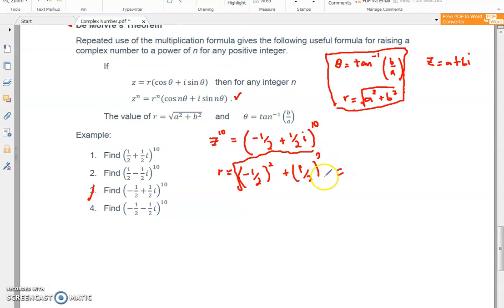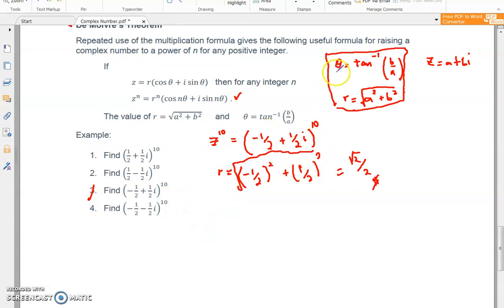If you plug all the values into your calculator, you are going to get the same thing as what we did in number 1. The value is square root 2 over 2, so for r you just copy it as it is.